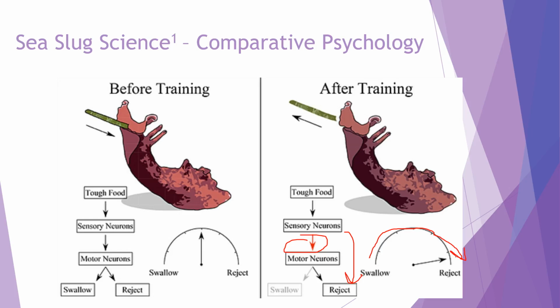So there's an example of comparative psychology. By working with the sea slug's neurons and teaching the sea slug information, we can observe and learn how neurons create new connections. We can learn how neurons learn things, and we can make assumptions about how our brain's neurons work based off of how the sea slug's neurons work.